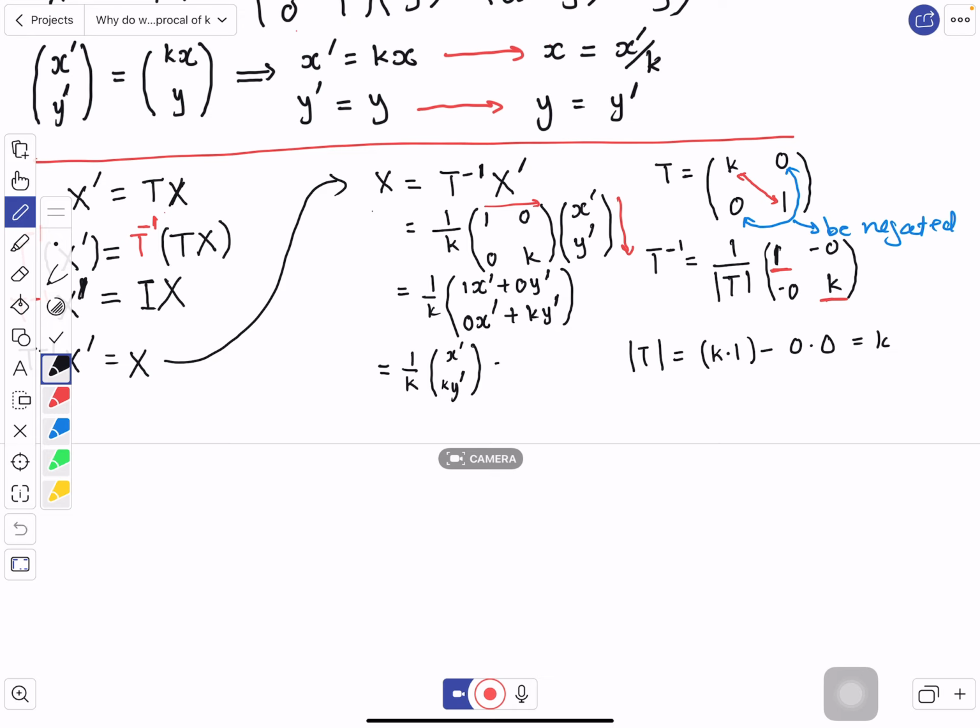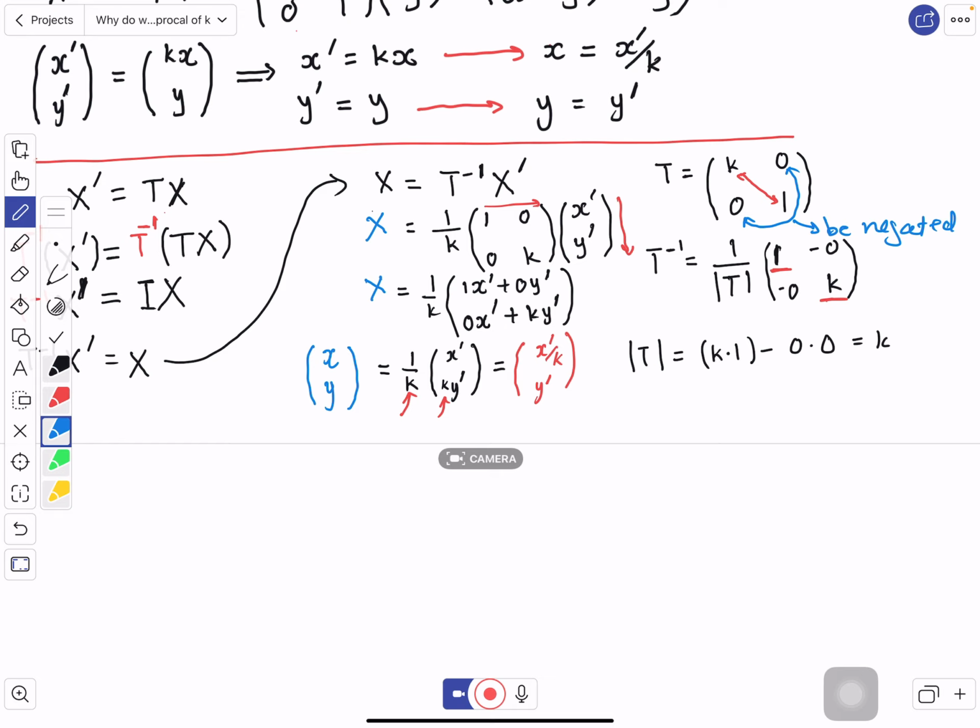Now if I distribute the 1 over k in, I will get the final solution: x dash divided by k, and y dash, because the k and that k get cancelled off. That is equal to, I should write down the x's, shouldn't I? X, y.